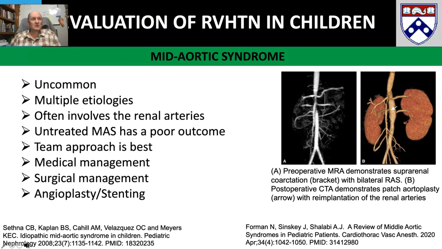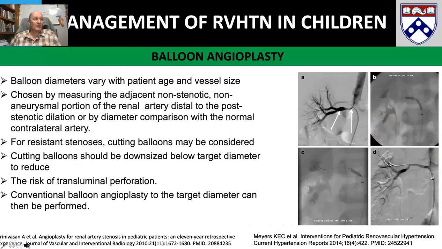And we try not to do too much stenting of the aorta. We have had children who have come with stents in their aortas, and the risk is that you cover an important artery with the stent and have consequences related to that. So with balloon angioplasty, you use different sizes of balloons.